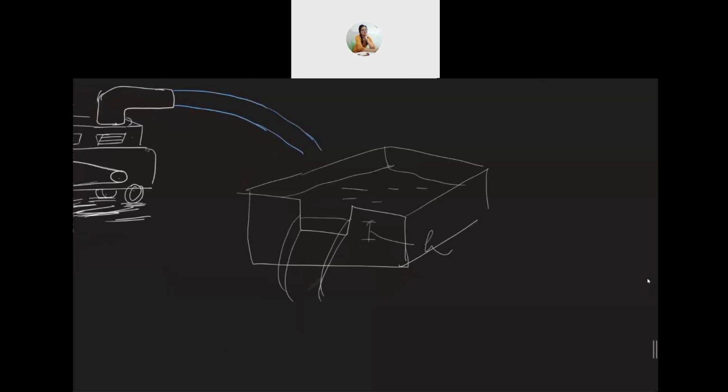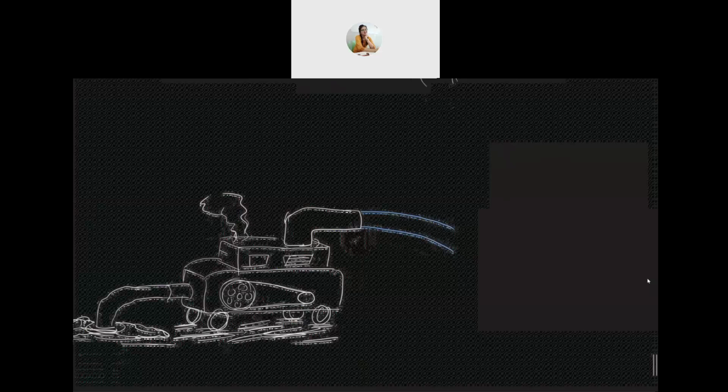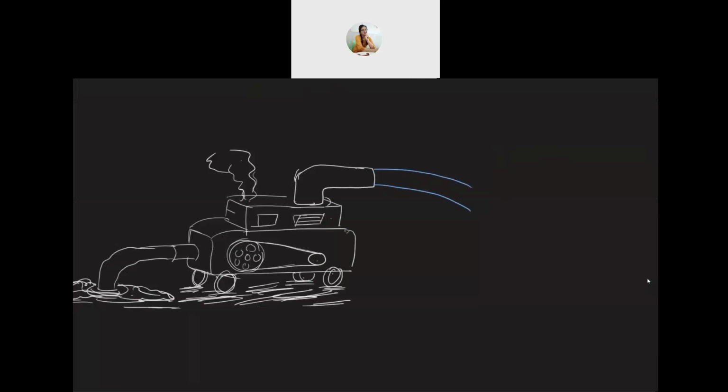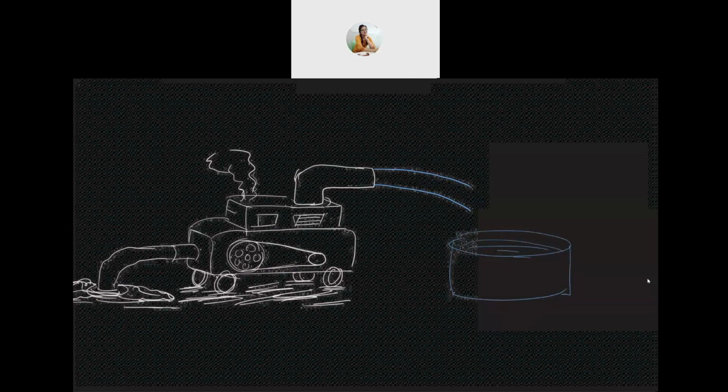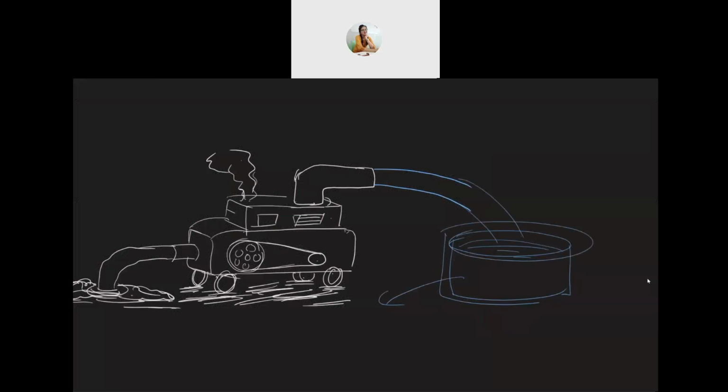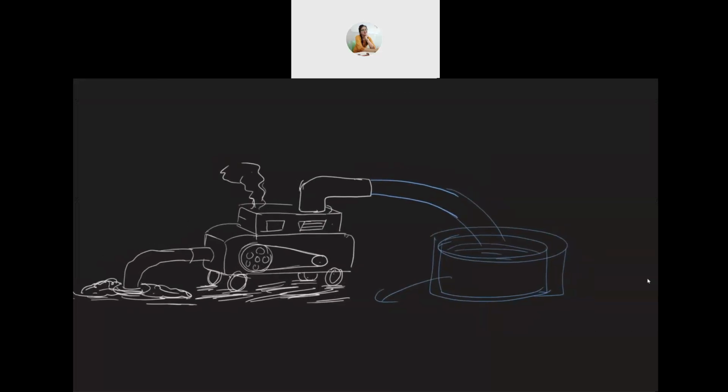Otherwise, it will be very difficult to measure those kinds of discharges, because every time in front of the pump, you'll have to put a large tank, then measure the time to fill up the tank. And if the discharge is variable, it is even more difficult, because then you have to replace that tank and put up some other tank, and it is really difficult. So this kind of application of a notch or weir is helpful in those cases.